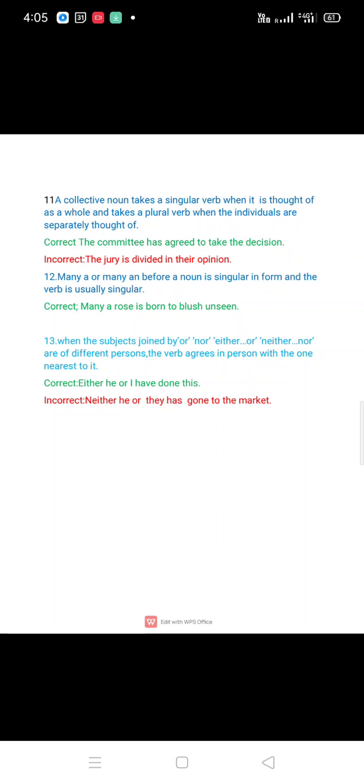If the nearest person is he, then has verb should be used. Here in the incorrect sentence you can see neither he or they has. It should be have, and that's why the sentence is incorrect here. Neither he or they have gone to the market, not has.